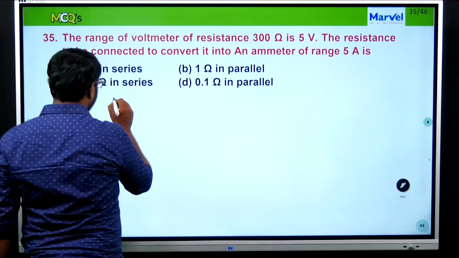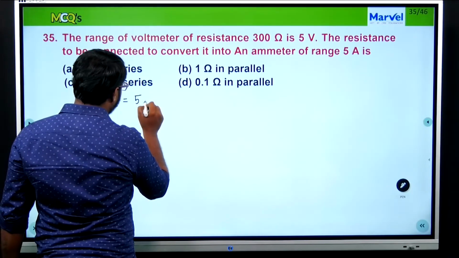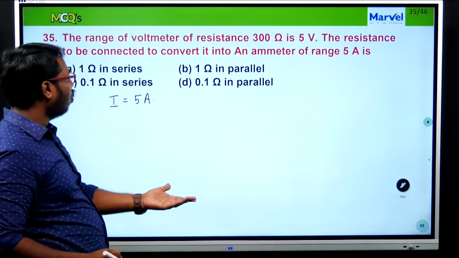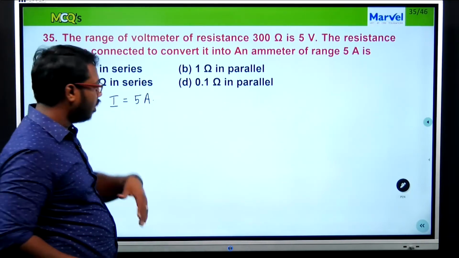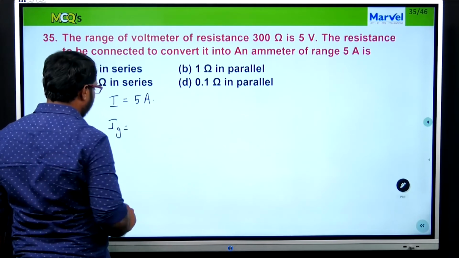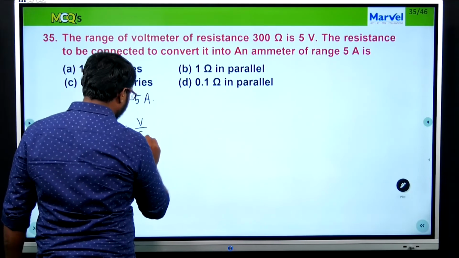Okay, so I is equal to 5 amperes. This is the amount of current that is going to go into the ammeter, and Ig is the galvanometer current.